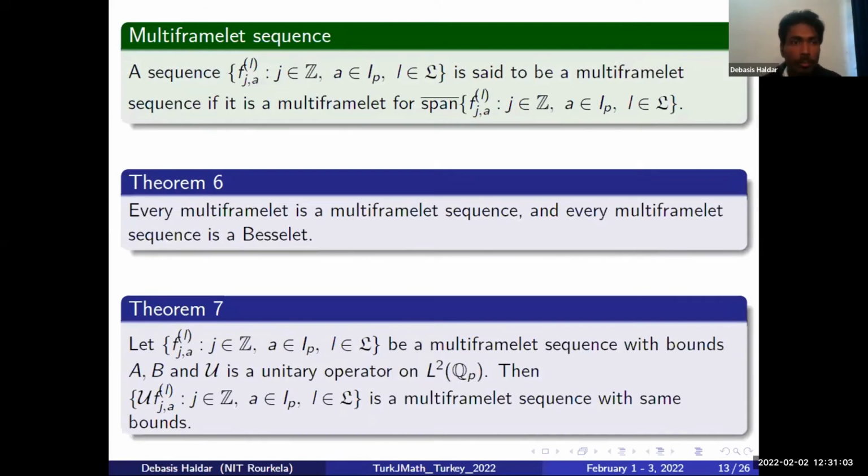A sequence is said to be a multiframelet sequence if it is a multiframelet for the closure of the span of this affine system. So every multiframelet is a multiframelet sequence, and every multiframelet sequence is a Bessel system.